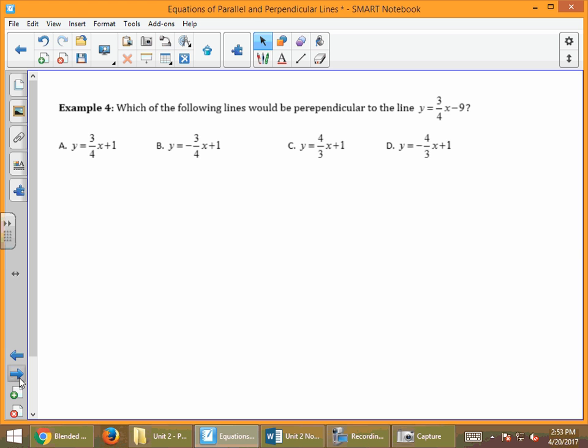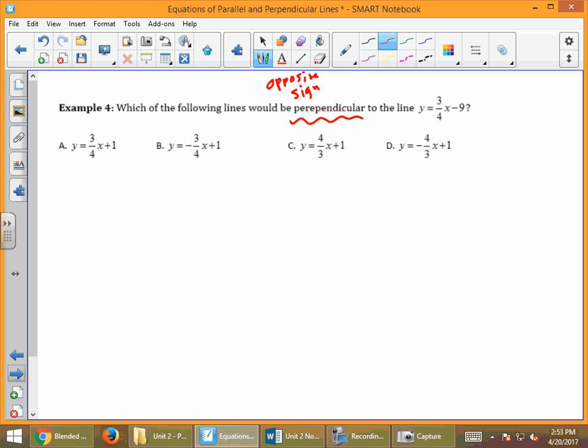And remember, when we have the word perpendicular, that means negative reciprocal or opposite sign. Flips fraction. So take a look at the slope of your original graph, your given graph. In this case, it's 3/4.